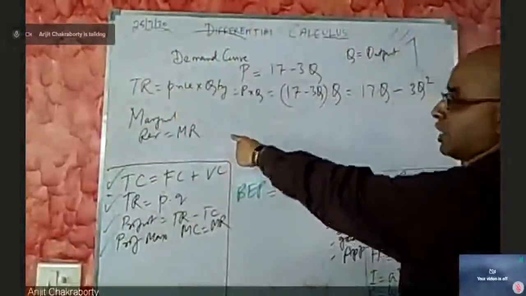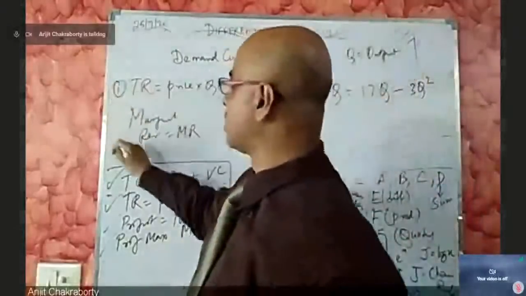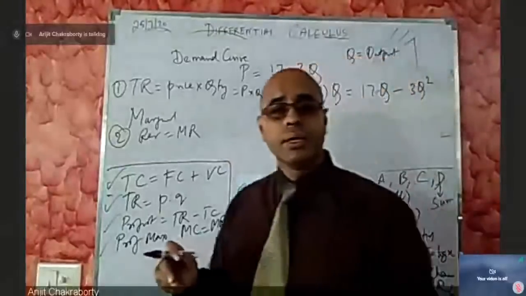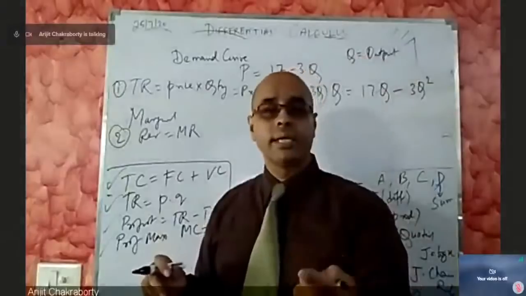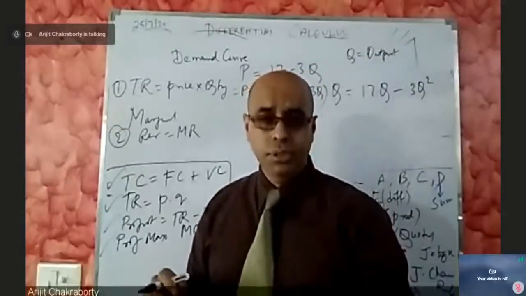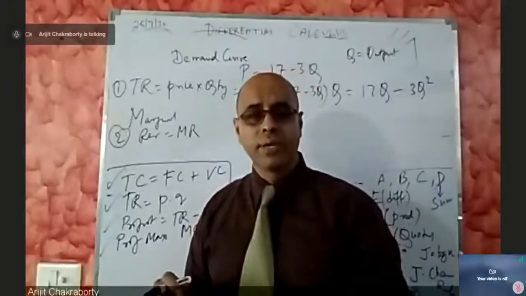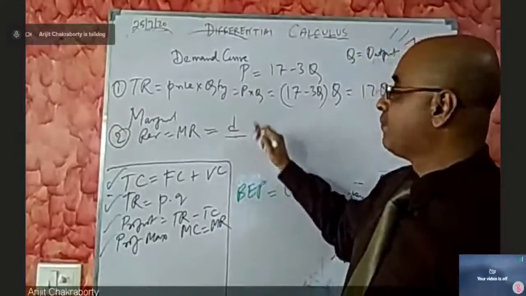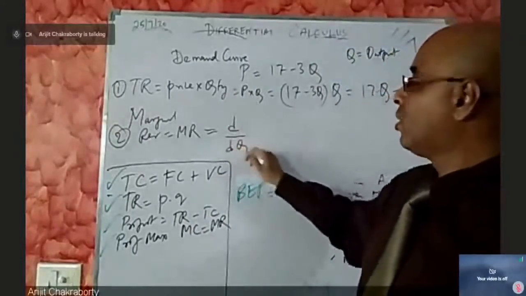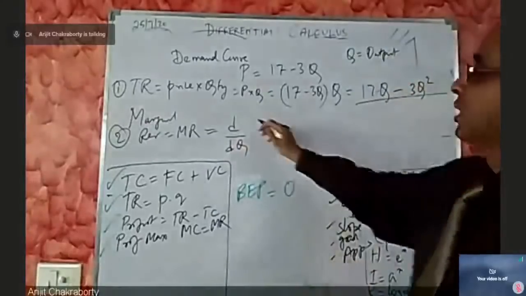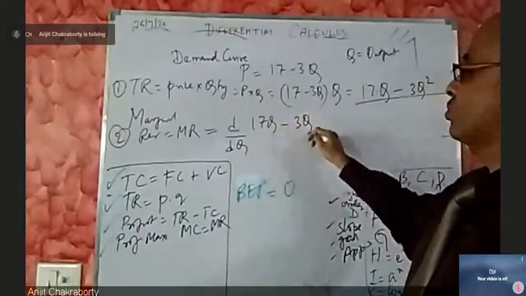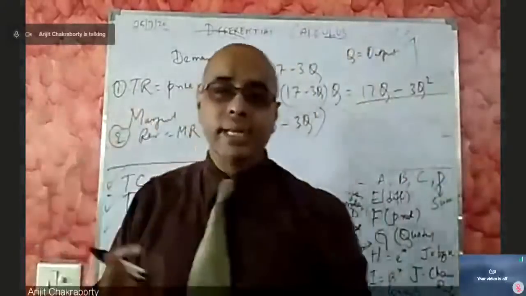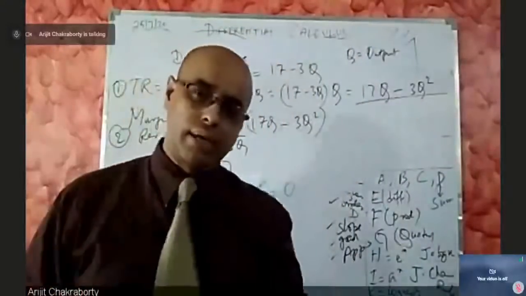Now the second part is marginal revenue. The question has two parts. First part is total revenue, second part is marginal revenue. Marginal revenue equation is what? As I said, derivative is used to find out marginal cost, marginal revenue, rate of change. So here, MR will be equal to d/dQ of this expression, 17Q minus 3Q square, because 17Q minus 3Q square is the total revenue and the derivative of the total revenue is the marginal revenue.